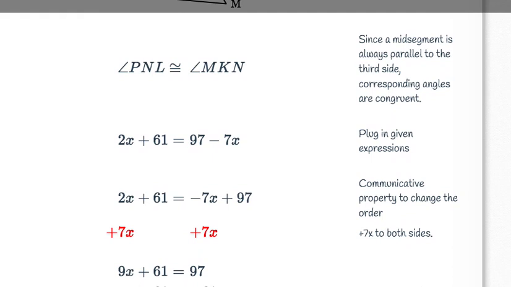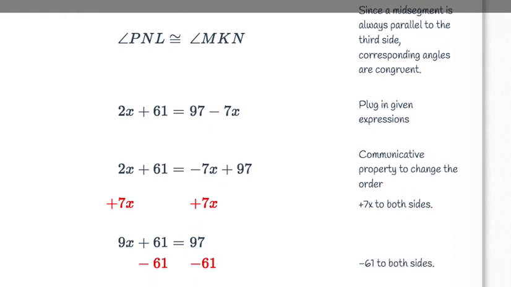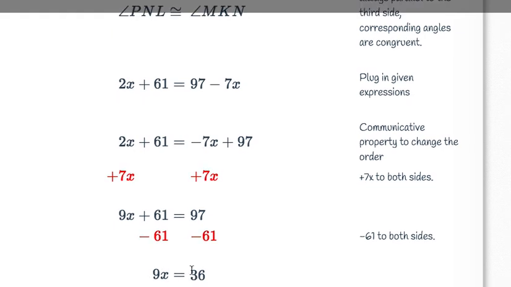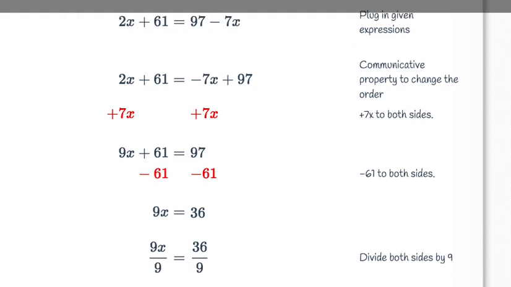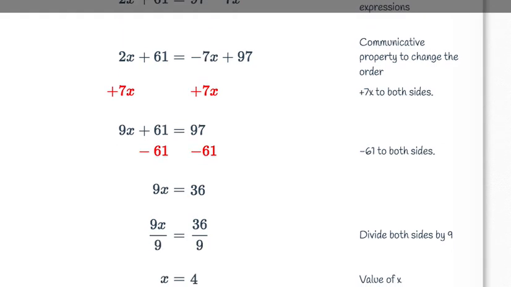And then we are subtracting 61 from both sides. This should be our expression once we've added 7x to both sides and subtracted 61 from both sides. All that is left to do here is just divide both sides by 9 to get your value of 4.